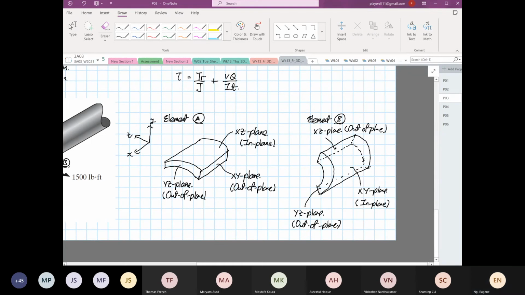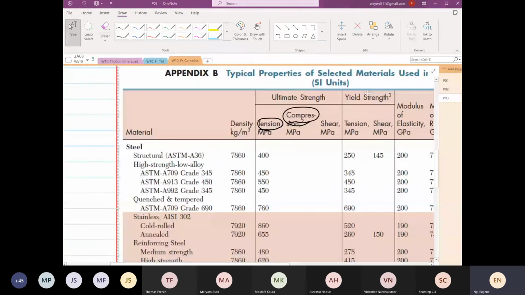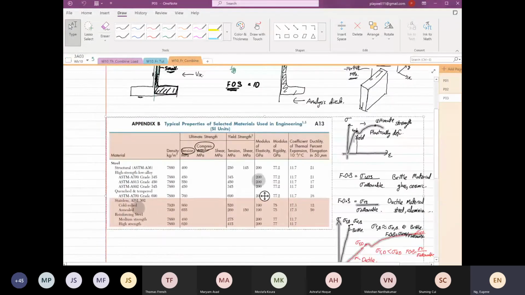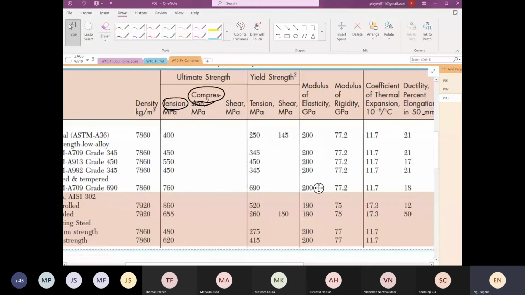It depends on the structure that you're looking at. Remember, in one of the examples over here, if you look at the yield, there's a lot of yield in tension, yes or no?